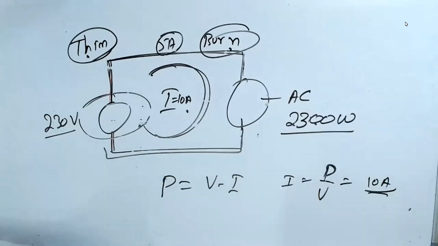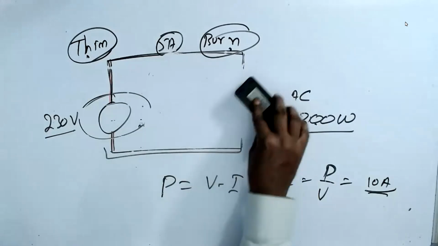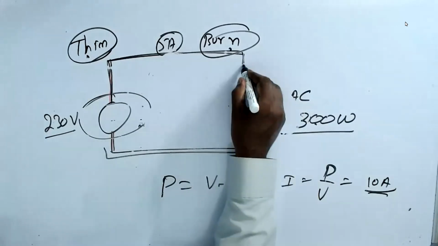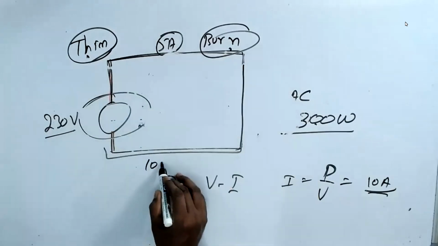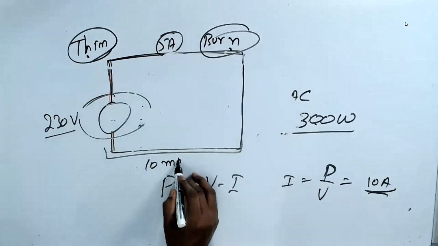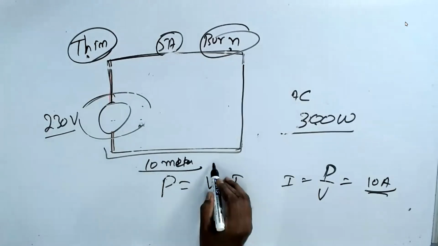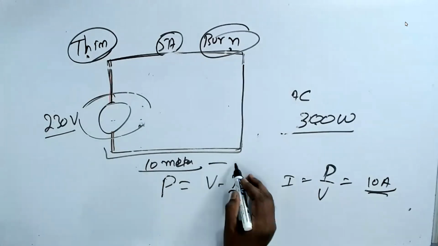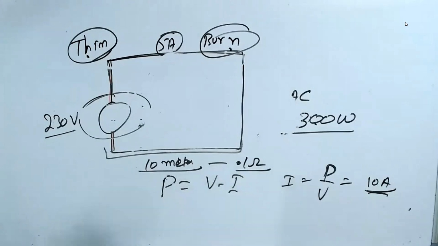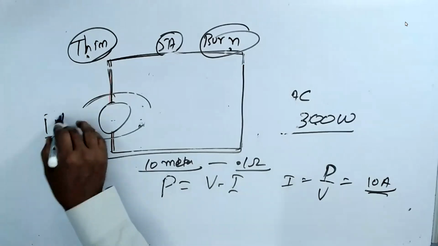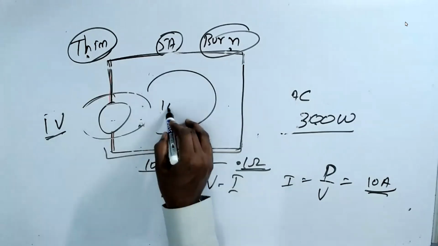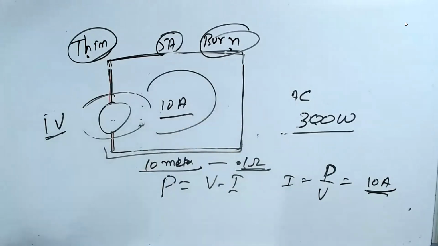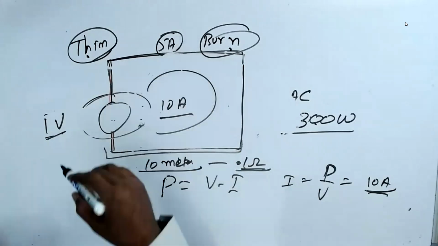In the same way, if somebody asks, if I connect about 10 meters of wire that gives you, for example, 0.1 ohm, and you apply 1 volt, then 1 volt by 0.1, the current is going to be 10 ampere. How much? 10 ampere. If your wire is going to withstand 5 ampere, it will burn.